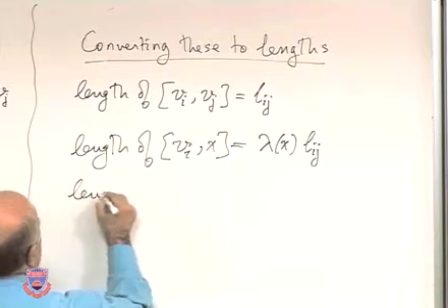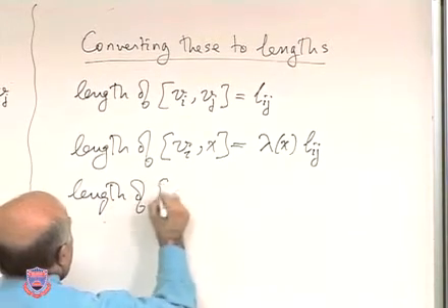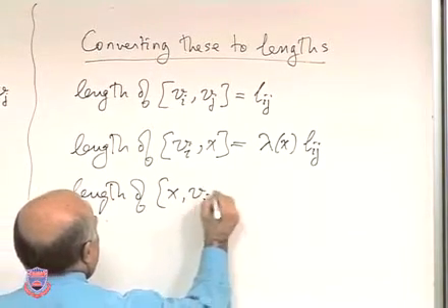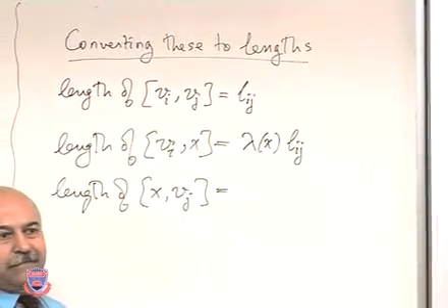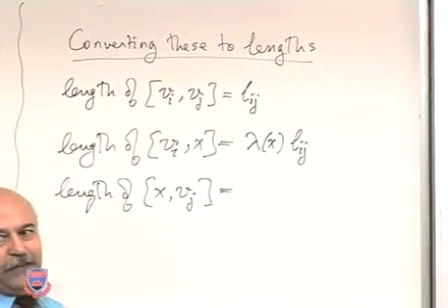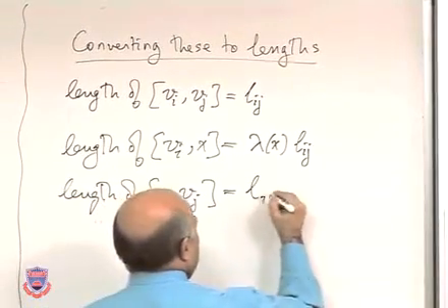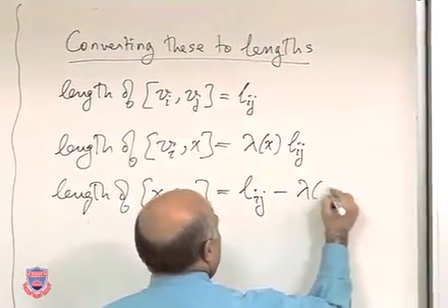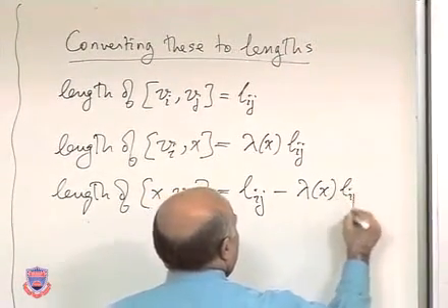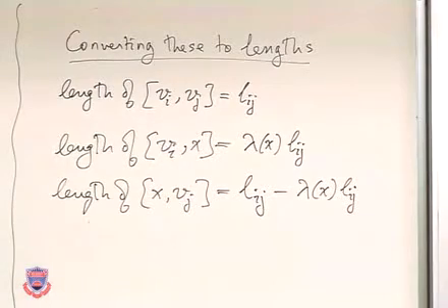And the length of xvj is how much? The remainder is going to be Lij, the total length, minus this length. So whatever the length here is, from the entire length, you subtract that one, so you get this one.